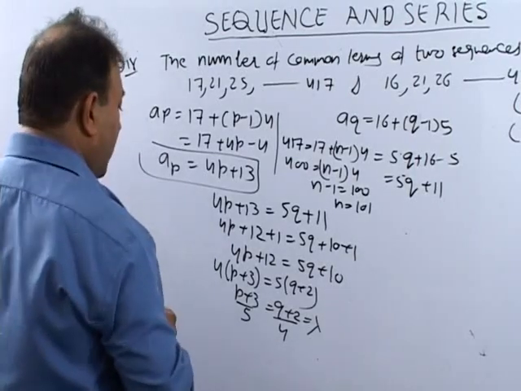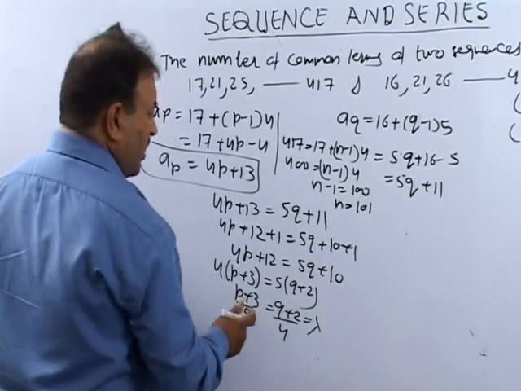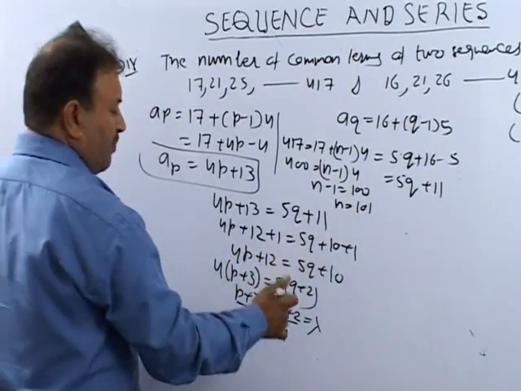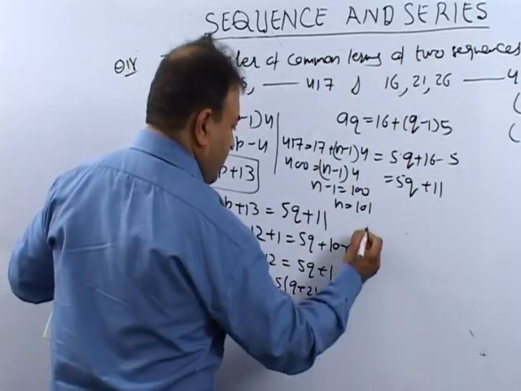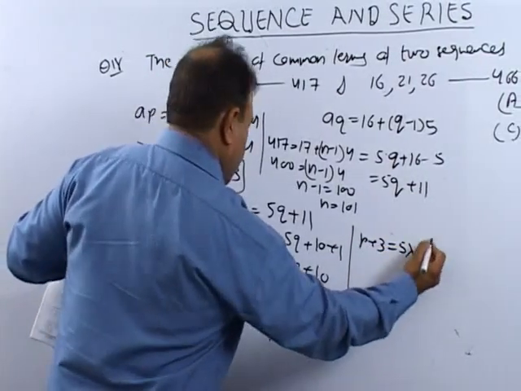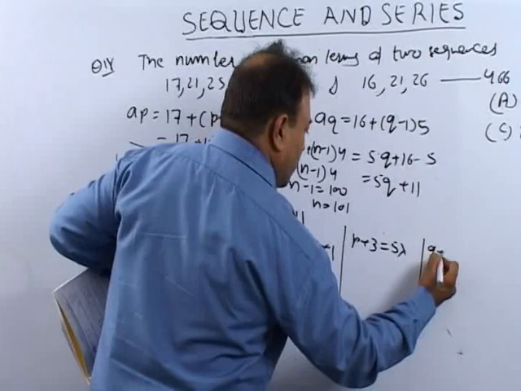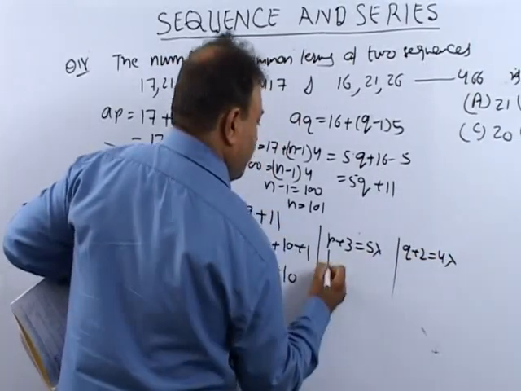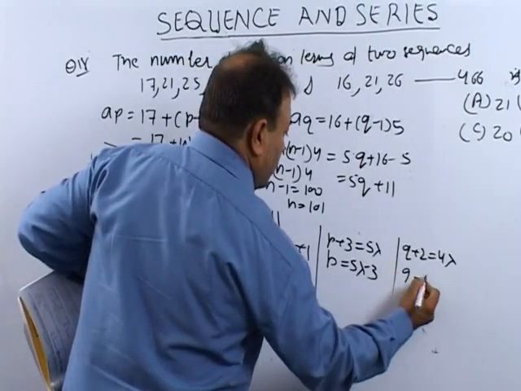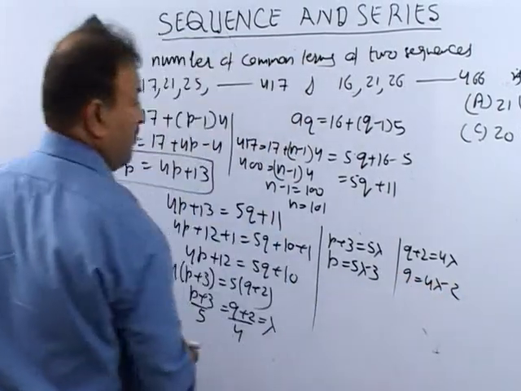So the pth term index p is less than or equal to 101. Here p plus 3 is equal to 5 lambda, and q plus 2 is equal to 4 lambda. So p is equal to 5 lambda minus 3 and q is equal to 4 lambda minus 2.